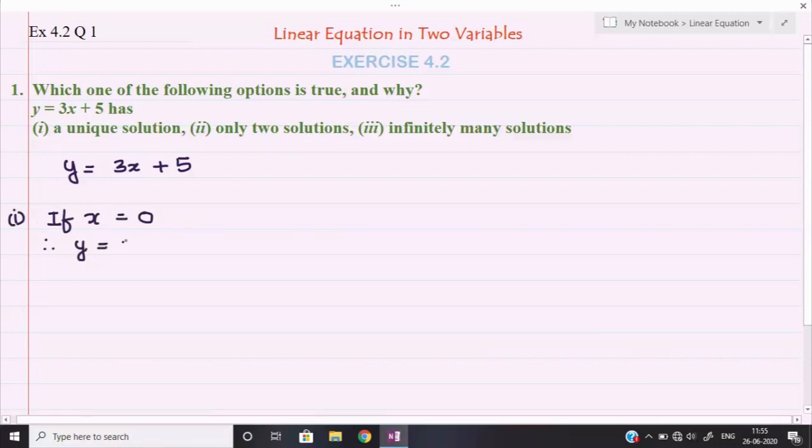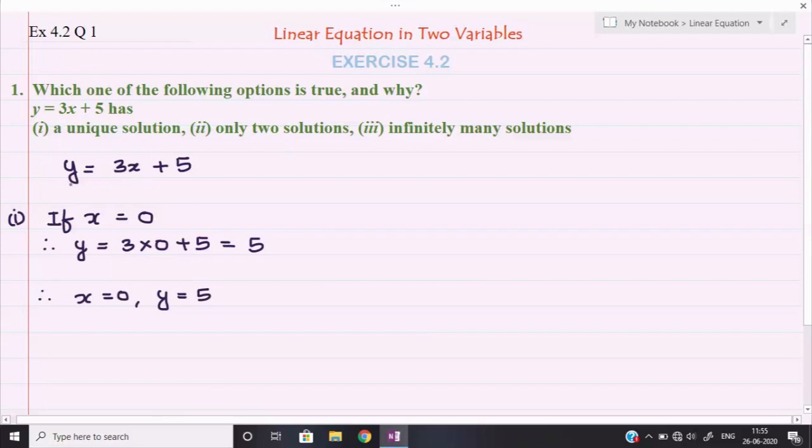So y will be equal to 3 into 0 plus 5. 3 into 0 is 0, and plus 5 will be equal to 5. So we can say that the solution will be x equal to 0, y is equal to 5. That is one of the solutions, and you can check it by putting it in the left hand side and right hand side. Observe, now we will do it orally.